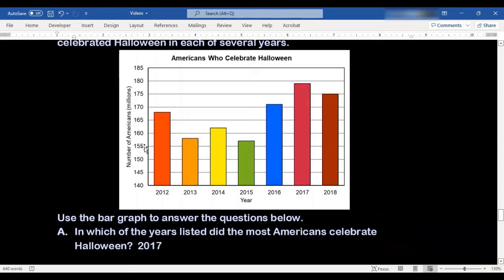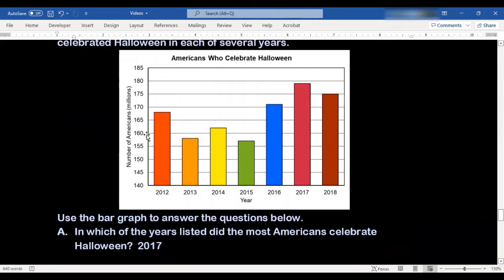If I have 155, 56, 57, 58, that's 3 away. Then if I have 158, 59, 60, that's only 2 away. So 158 is in between 155 and 160, but a little bit closer to 160.